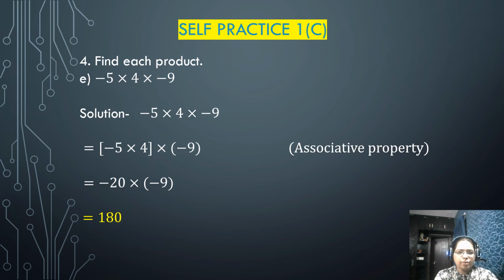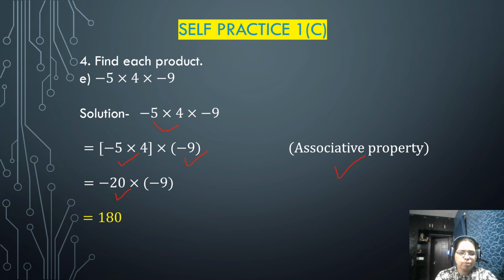Now E. Minus 5 multiplied with 4 multiplied with minus 9. First we multiply minus 5 with 4, and then we multiply the product of minus 5 and 4 with minus 9. This is the associative property of integers. Minus 5 multiplied with 4 is minus 20. Product of negative integer and positive integer, we get a negative integer.